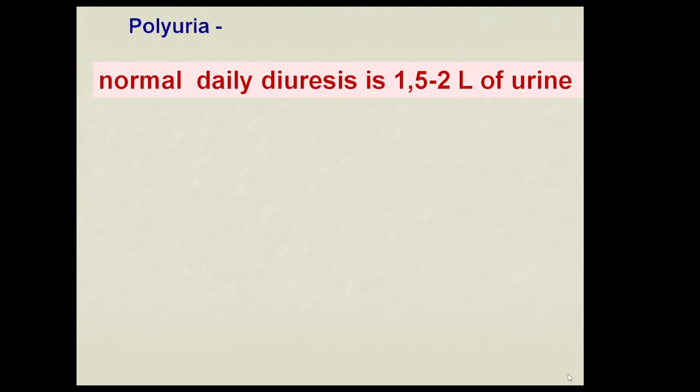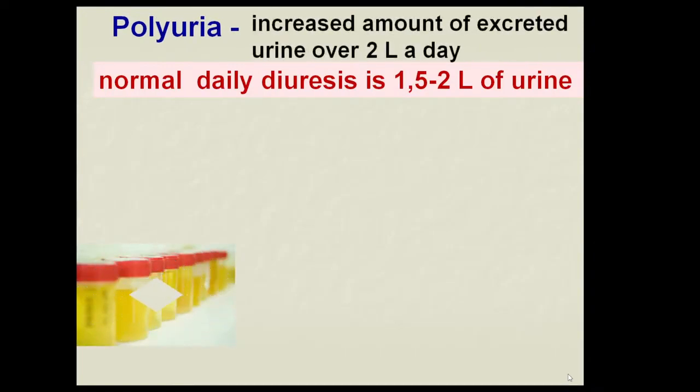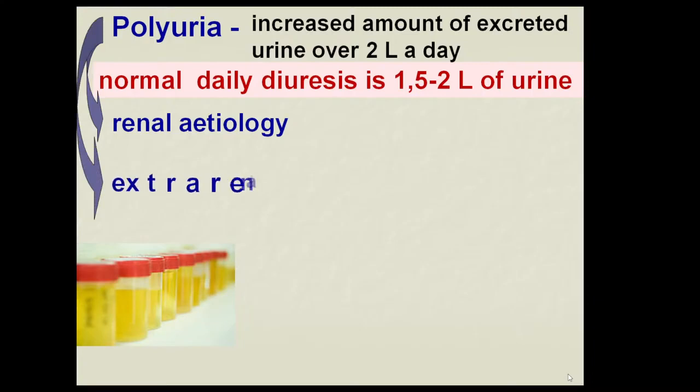If the amount of urine is more than 2 liters, we are talking about polyuria, which may be physiological or pathological. Pathological polyuria, in other words polyuria of renal etiology, indicates renal insufficiency.